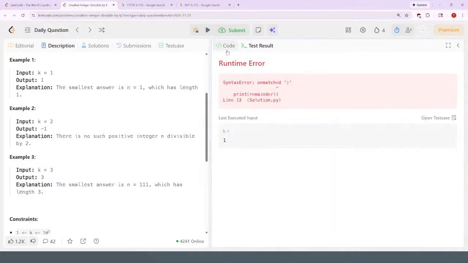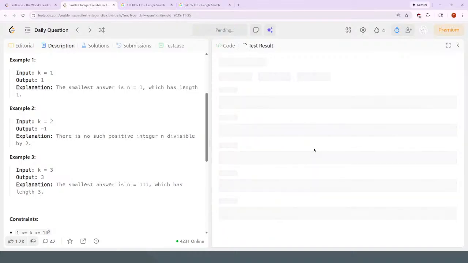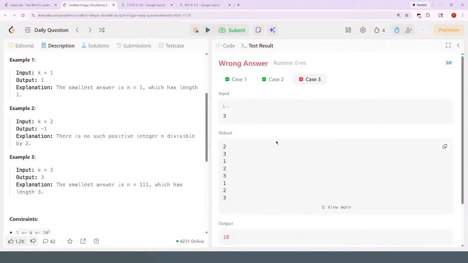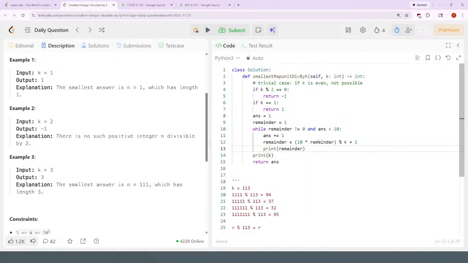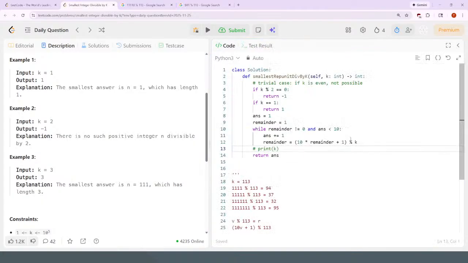What is it calculating? 2, 3. What is this? Oh my god, I'm so stupid. I'm so stupid. Okay.